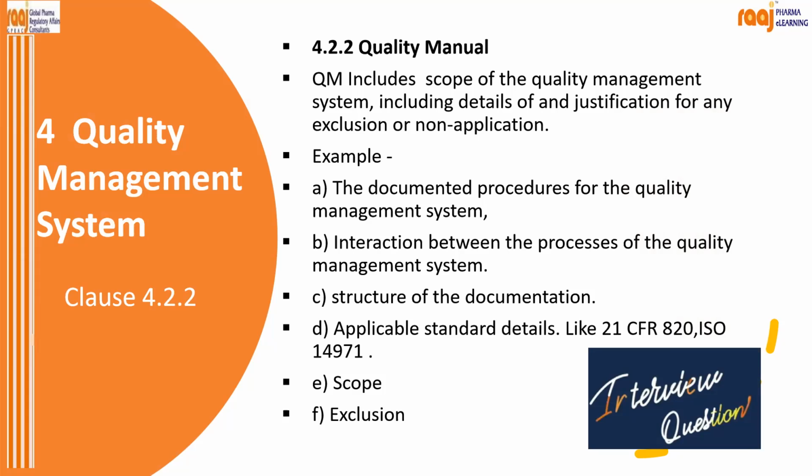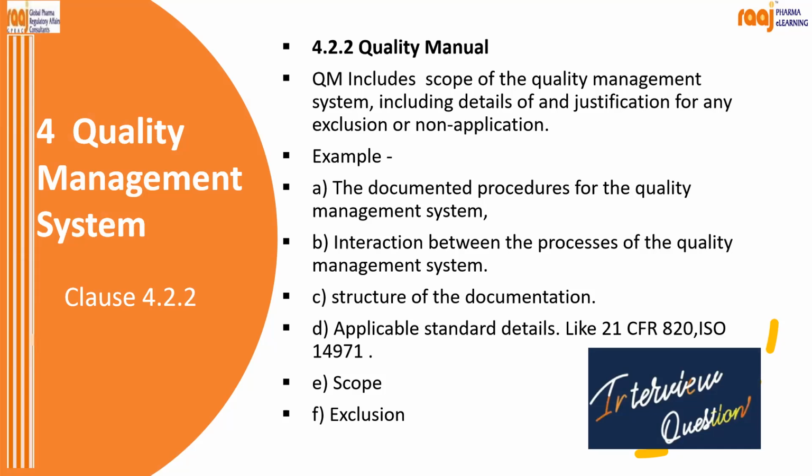Excluded means that clause is not applicable in the product manufacturer's case, and they will not be required to prepare all the documents required under D&D, that is the 7.3 clause, design and development, like design input, design output, design verification, design validation, design transfer. All the documentation will not be required if this clause is not applicable.